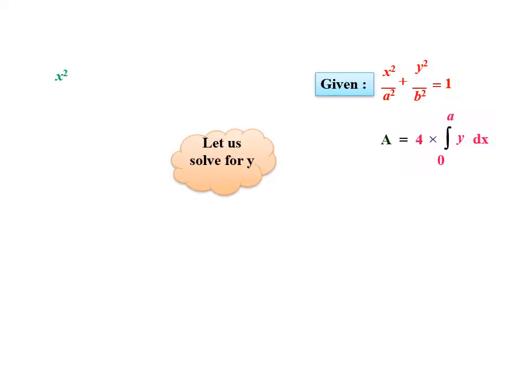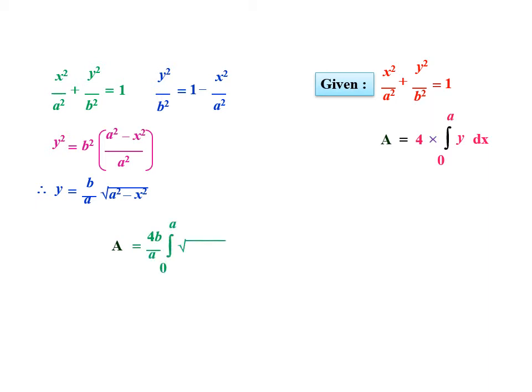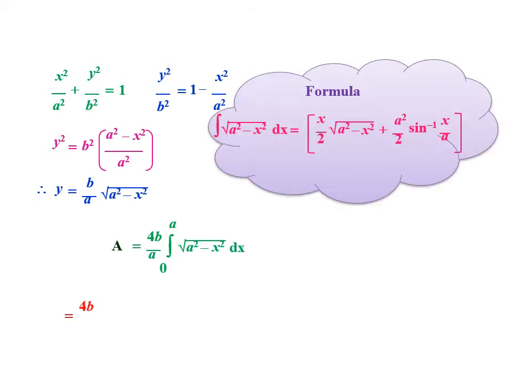So the value of y for the ellipse: x square by a square plus y square by b square equal to 1. y square by b square is equal to 1 minus x square by a square. y square is b square into a square minus x square divided by a square, or y is equal to b by a root of a square minus x square. So area is equal to 4 times b by a, the integral from 0 to a of root of a square minus x square dx.